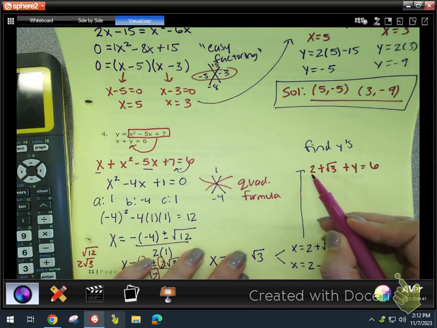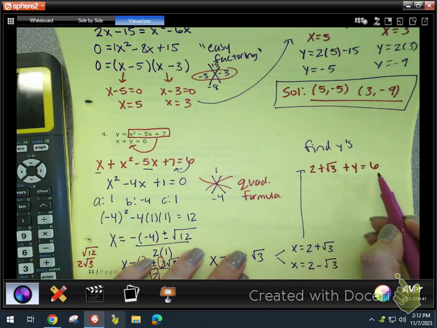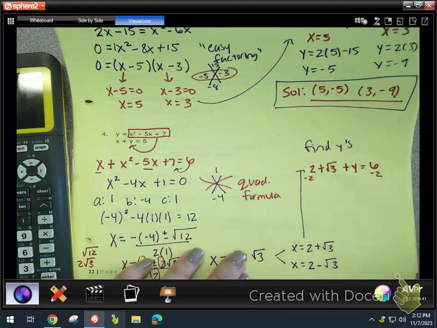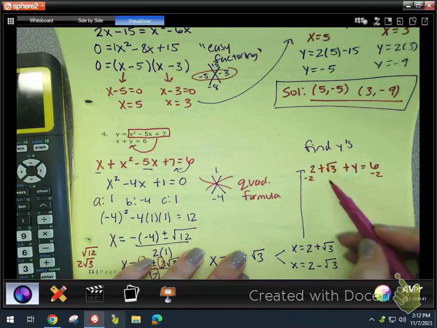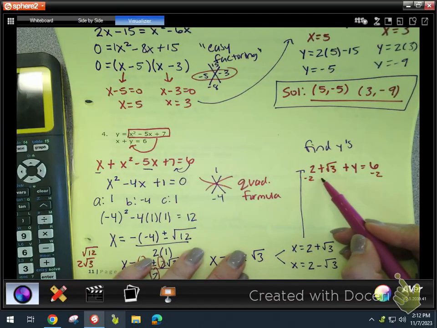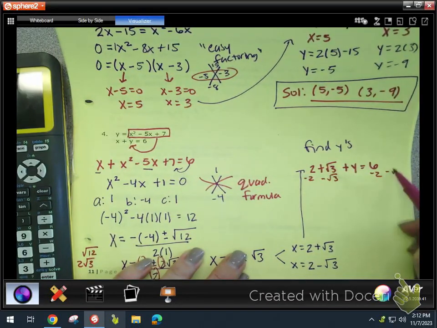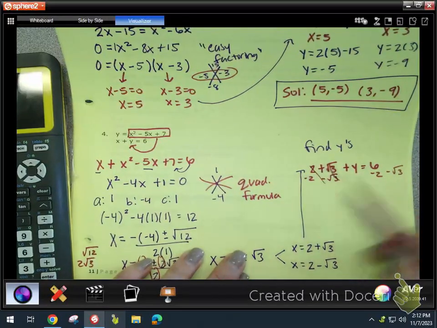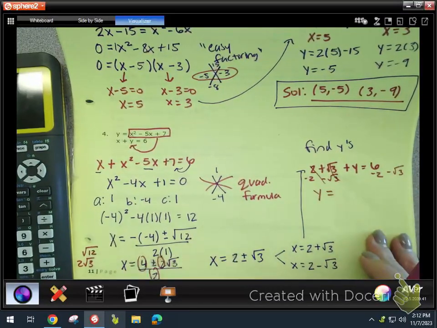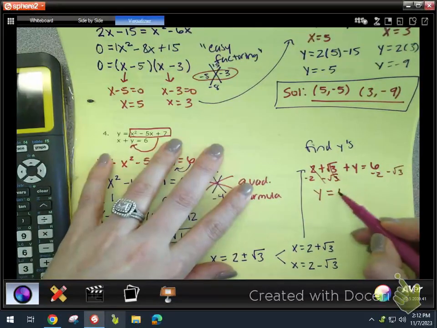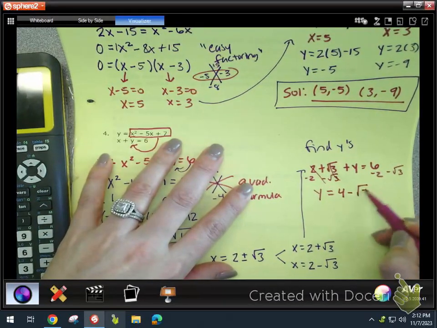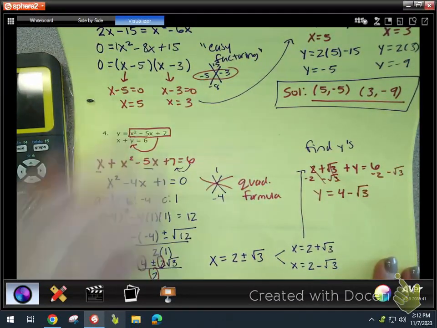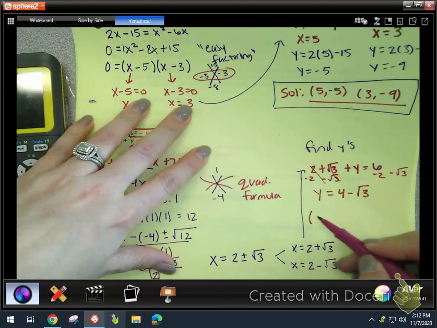I have to move the 2, which I can take away from the 6. What else do I have to take away? Square root 3, which I'm just going to put at the end because I don't have a like term for that. So this will be y equals 6 minus 2 is 4 minus square root 3. So that is a solution point.